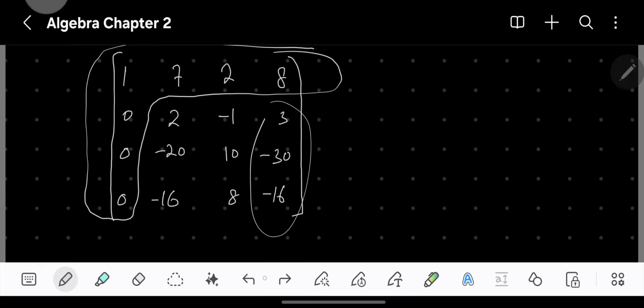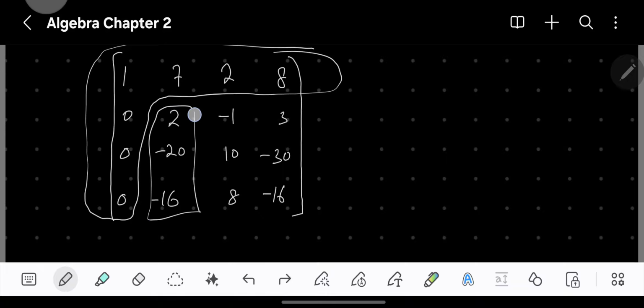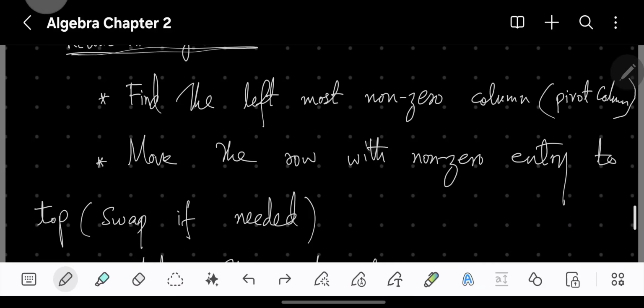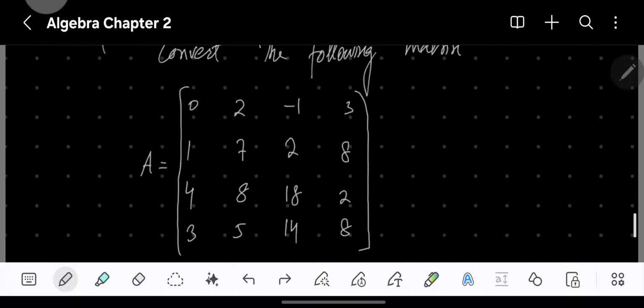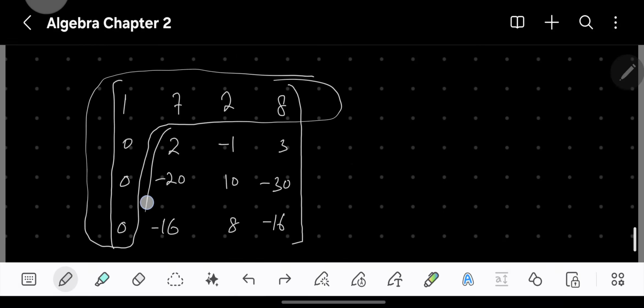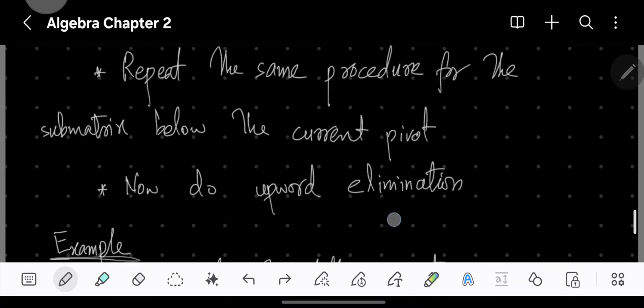The leftmost non-zero column is this one. The next step is to move the row with a non-zero entry to the top. Since the top already has a non-zero entry, this is already done.